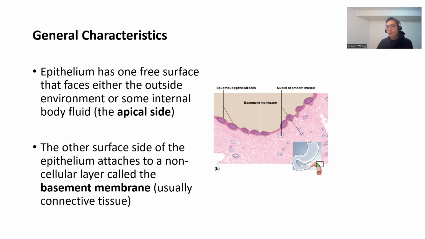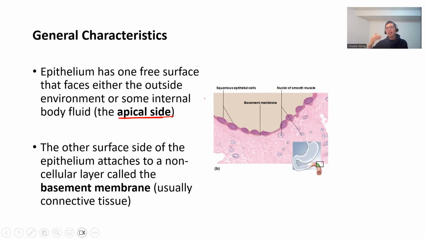So the best way to think about an epithelial tissue, using an analogy, is to think of a sandwich. You've got two pieces of bread, and in between, let's say you put some peanut butter. When you hold a sandwich and you're going to eat it, the bread that you're touching, those are called the apical side.